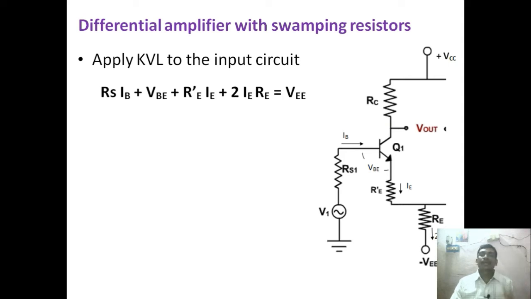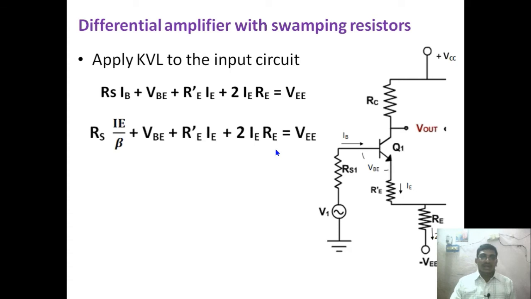Here, as we are doing DC analysis, all the AC sources must be 0. Here V1 is 0, that is why we are not mentioning V1 here. The only DC source present here is minus VEE, so that is represented here.